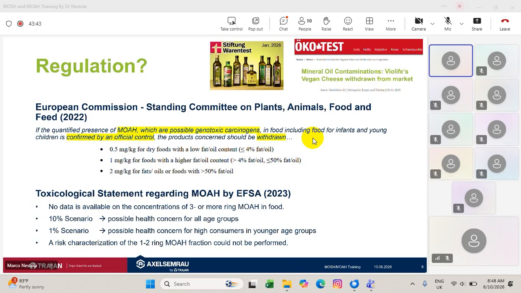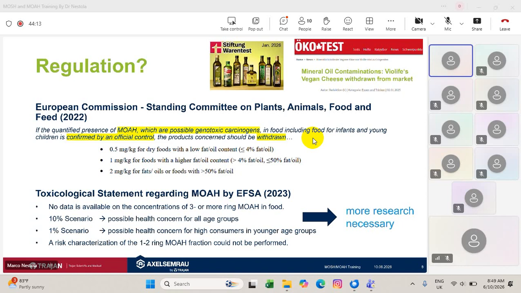The last toxicological statement was from 2023, and it was stating that MOSH was out of concern. And when we talk about MOAH, we need to distinguish between the small MOAH and the bigger MOAH. Since scientific data is so scarce, they just could say that in the end they need to do more scientific research.